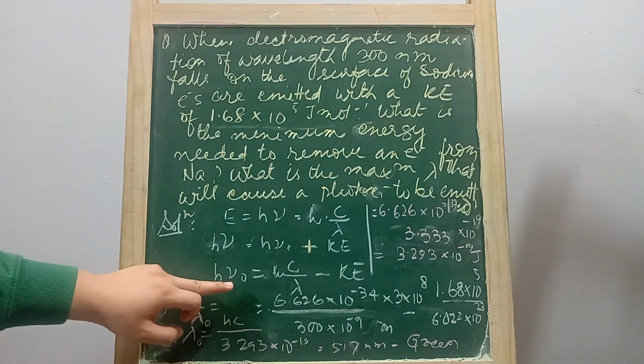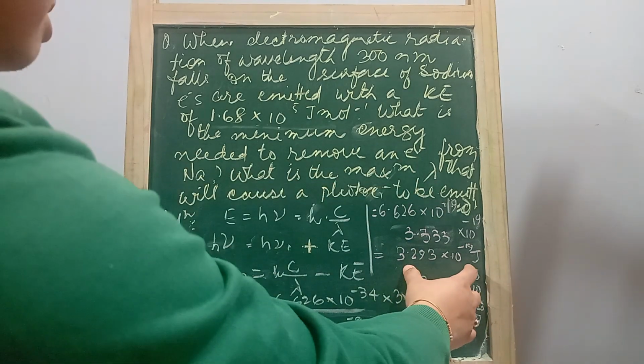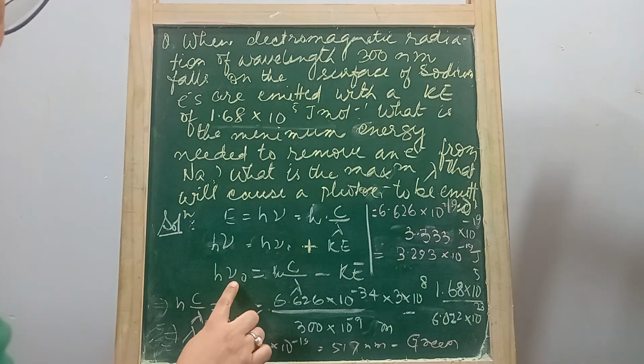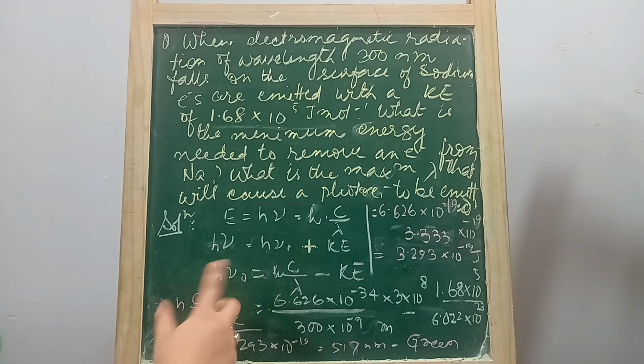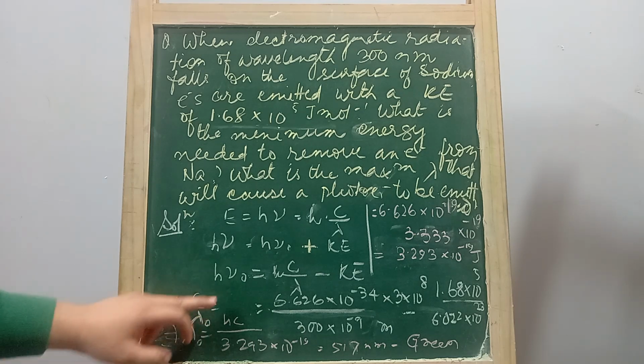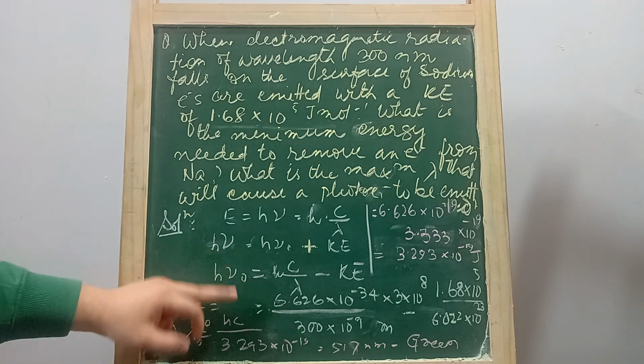So this energy is calculated here. From here, you get a frequency. Now this frequency can be written in terms of the velocity of the wave and its wavelength, which will be c divided by the maximum wavelength. Minimum frequency corresponds to the maximum wavelength.